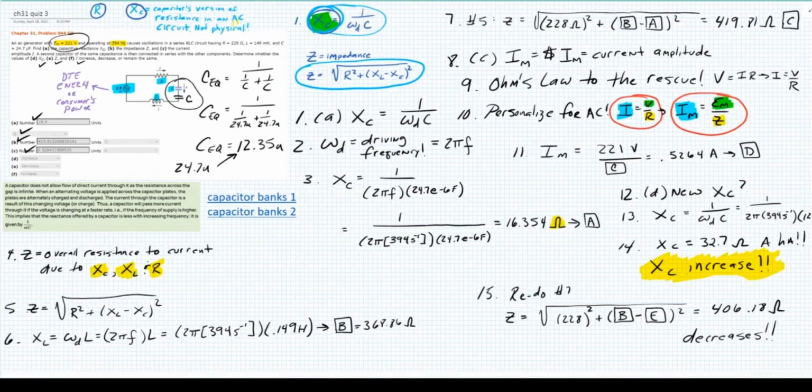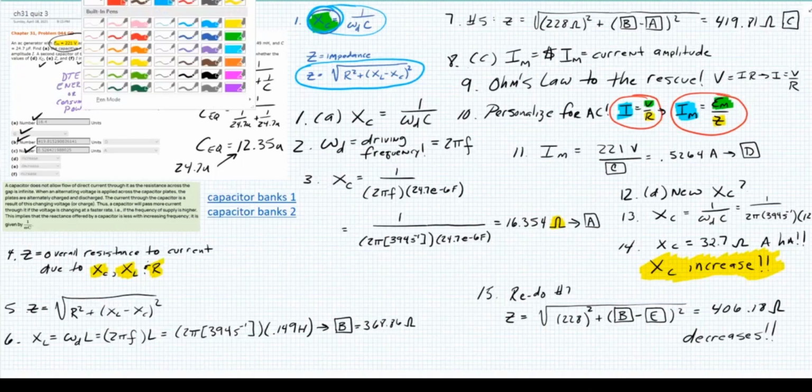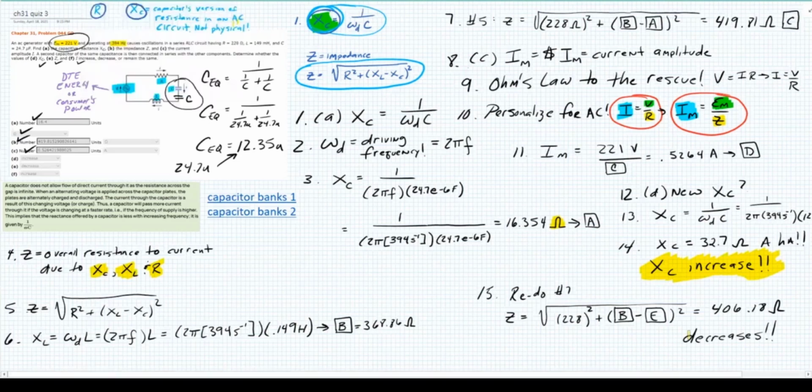Why does my overall impedance decrease when I just got done saying, hey, the capacitor is actually more resistant to current flow? So how do we reconcile that? But for now, the numbers don't lie. My Z value, my impedance, is actually 406, whereas before it was 419. So I went from 419 to 406.